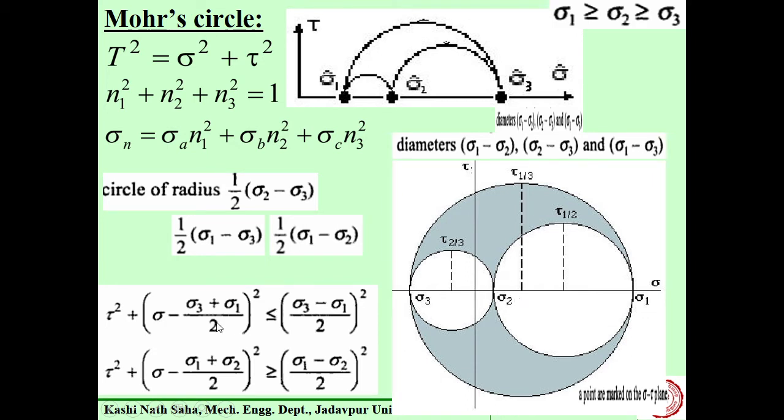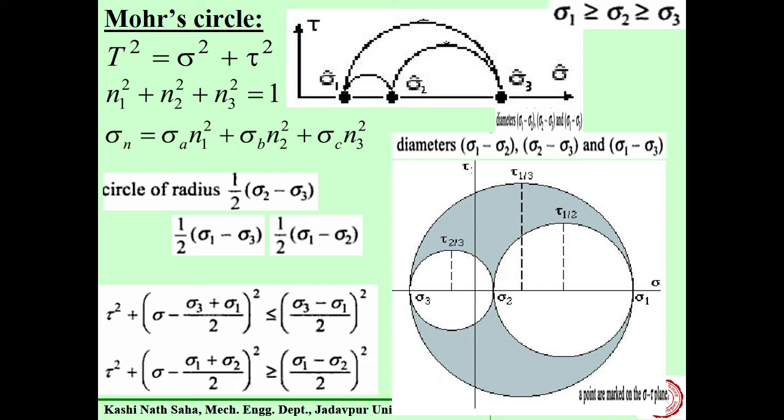So this is the equation, (x minus xc) square plus tau square, because this line indicates tau 0 value. So this is as if our x square plus y square, and this is less than or equal to the radius square. Now you observe, from this center we can draw circles taking any radii, right?